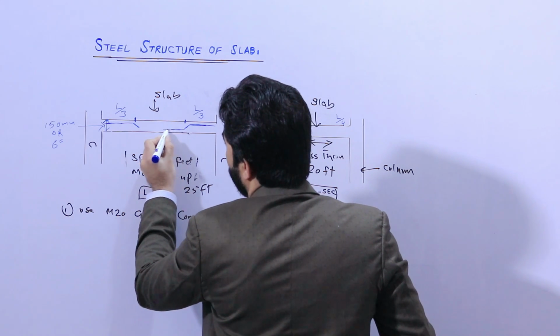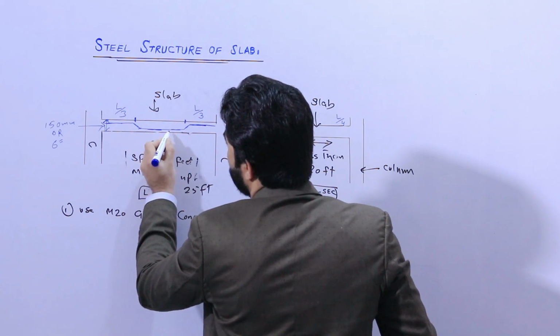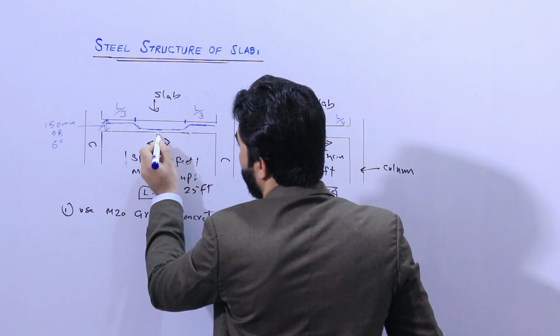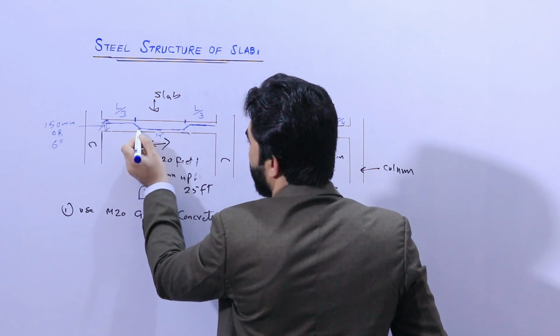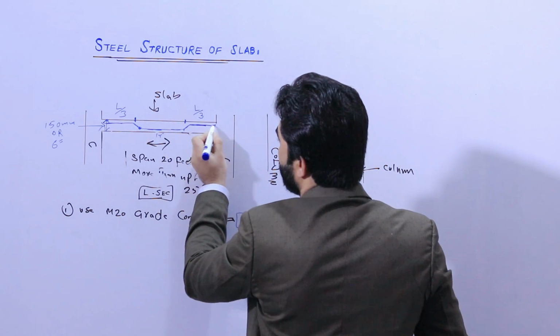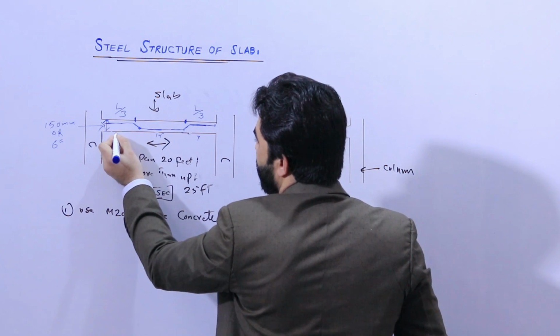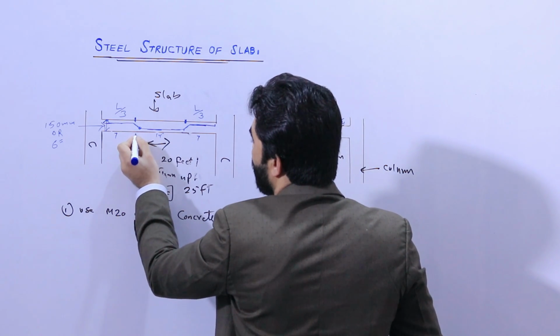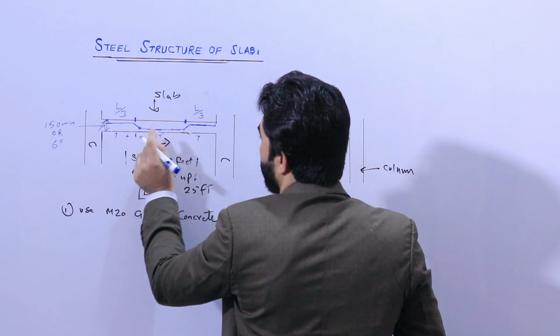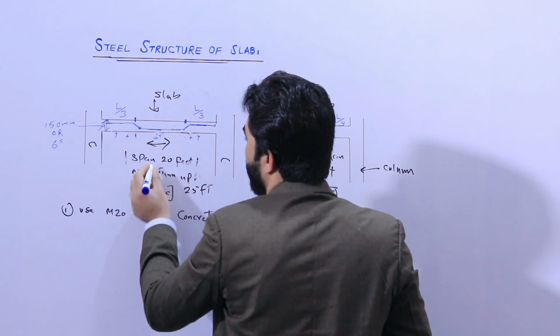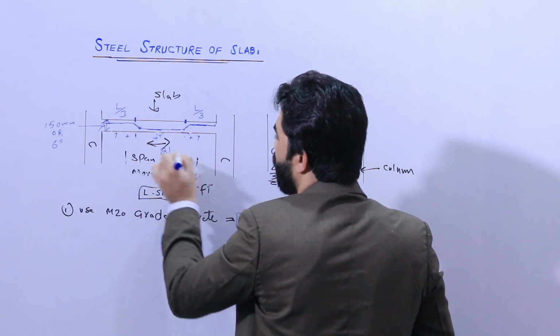Here this span is 14 feet from here to this point, and from the starting point, L/3 is 7 feet and this is also 7 feet. So now we have 7 plus 7, and it becomes 21 feet.